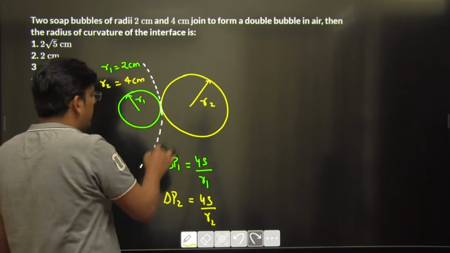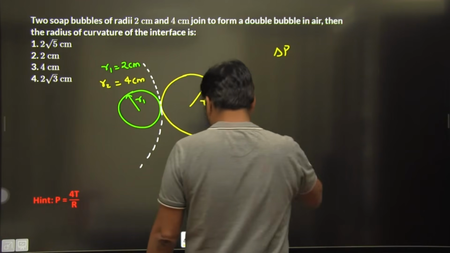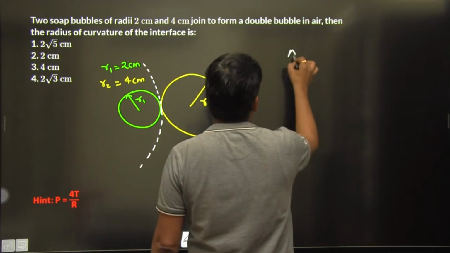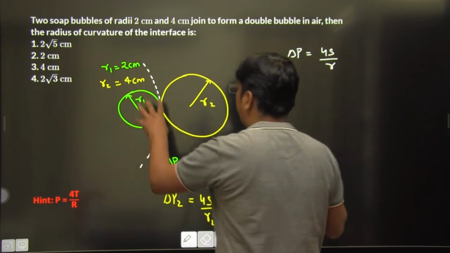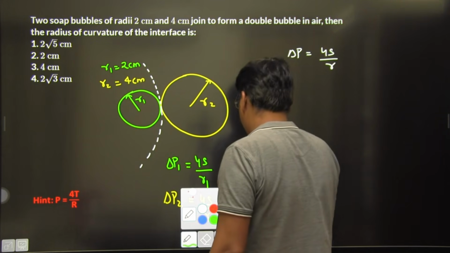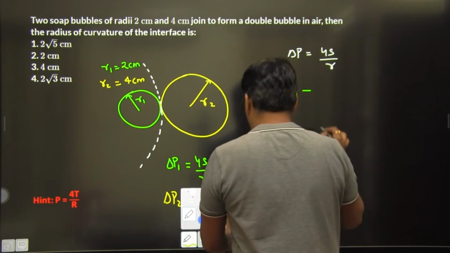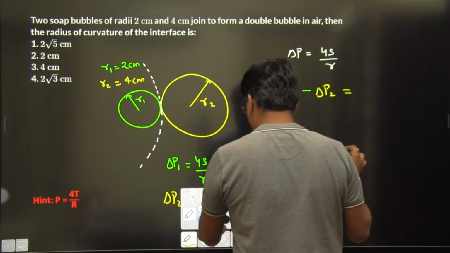If the double bubble is formed, let the excess pressure inside that interface be 4S by R. Then the pressure of the smaller bubble will be greater, so the pressure difference delta P1 minus delta P2 equals delta P.